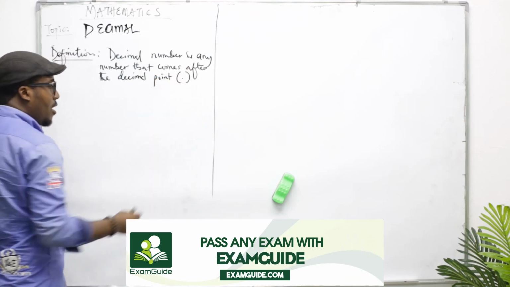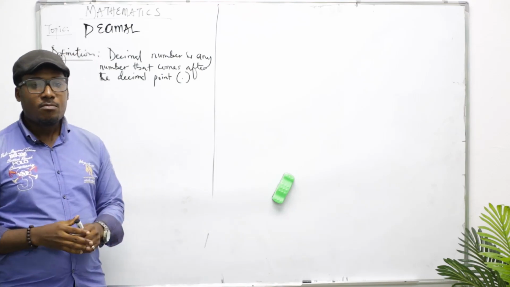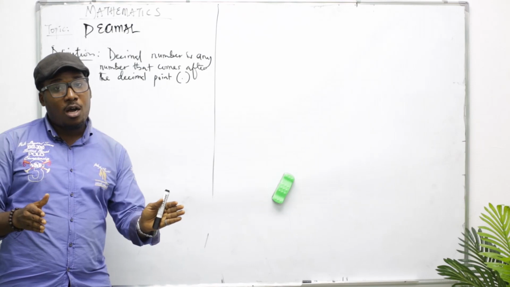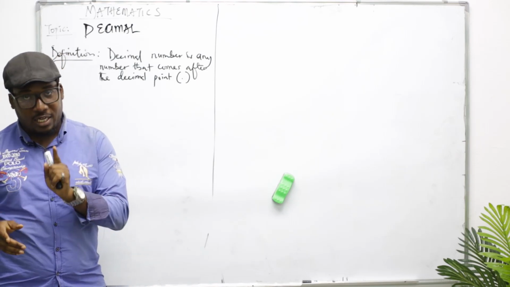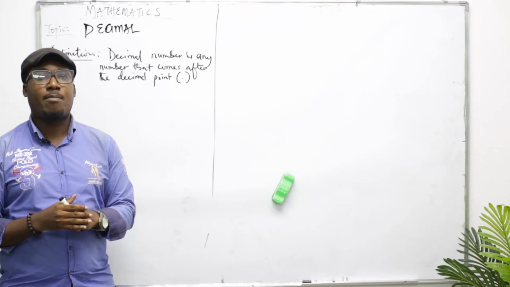The decimal point is represented by a dot or a period. So before the decimal point, it is not a decimal number. But after the decimal point, that's a decimal number.